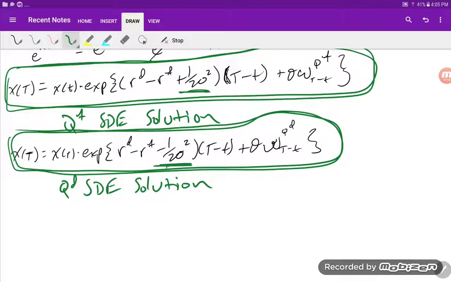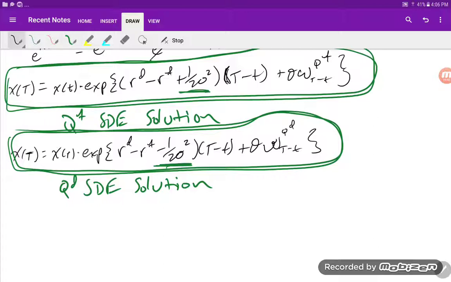Now, if you're familiar with Black-Scholes or even saw my last set of videos, this is directly analogous to when we figured out the solutions to the Q SDE for the stock price and also the QS SDE for the stock price.